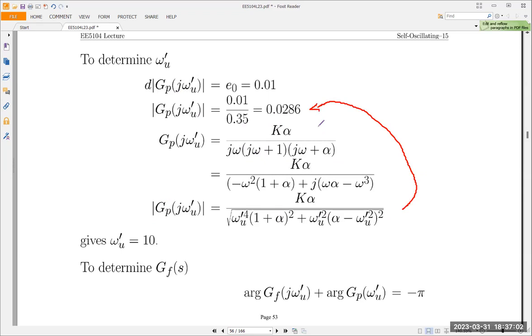All right, and you solve for, sorry, this should be omega prime. Then you solve for omega prime, it will give you 10. So at a higher frequency of omega u prime equal to 10, your gain now of the plant is smaller, it is 0.028.